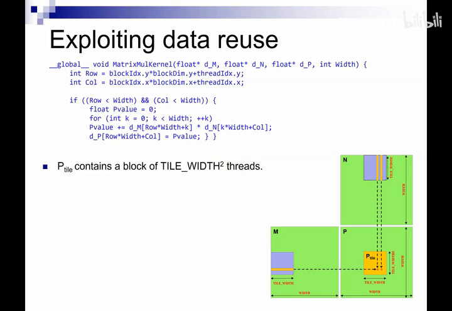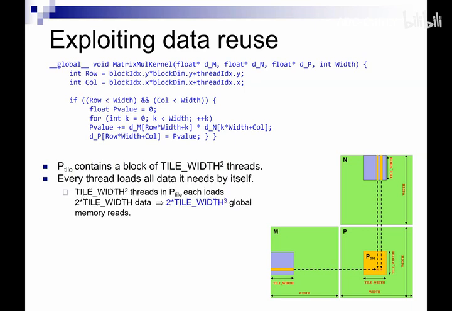Suppose we're doing matrix multiplication, and suppose you have a block of threads over here, this yellow block P. Let's say the dimensions of this are tile width by tile width, so we have tile width squared threads within this thread block.